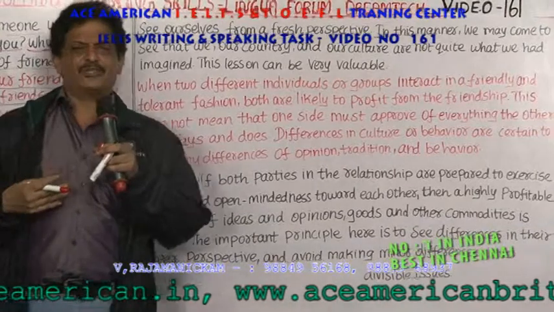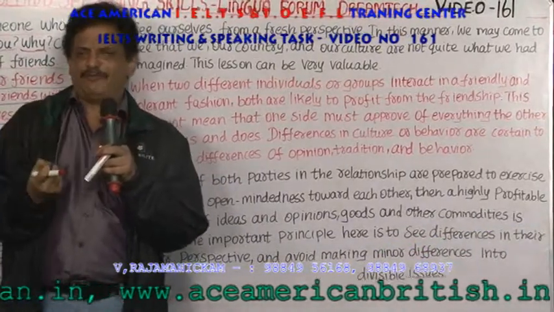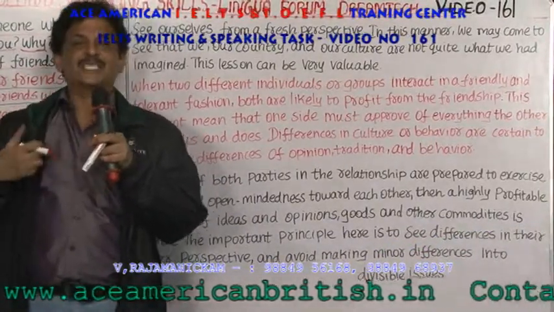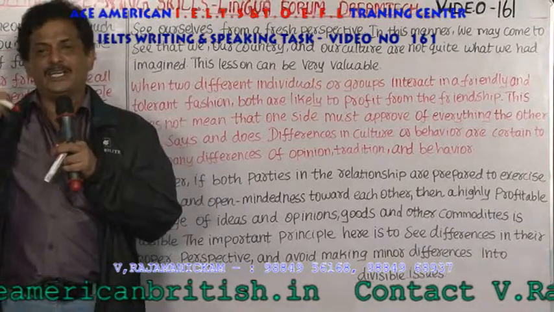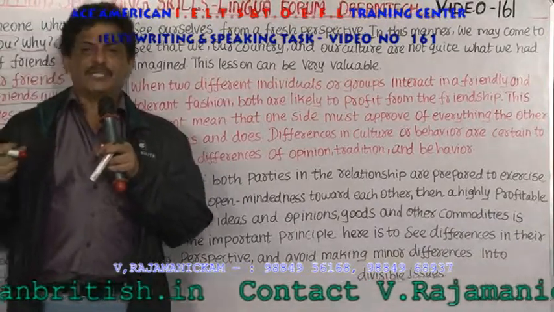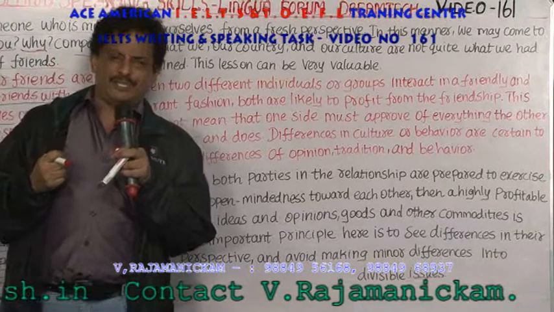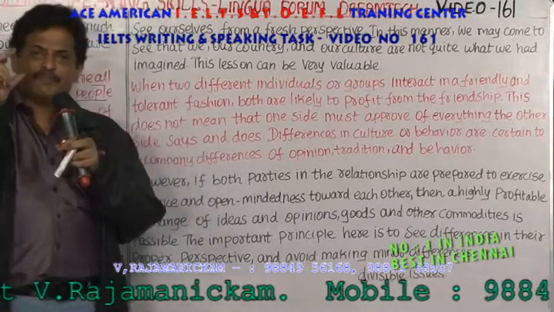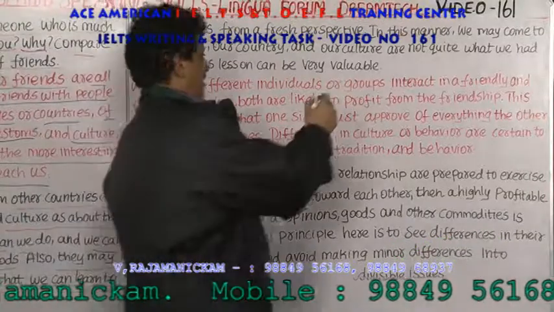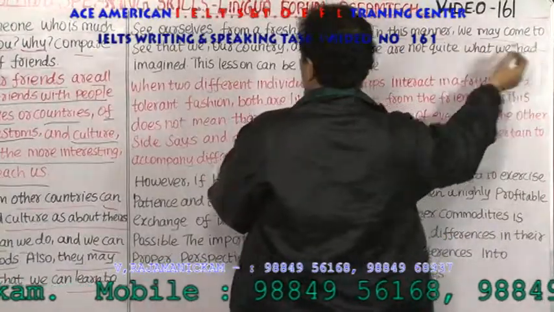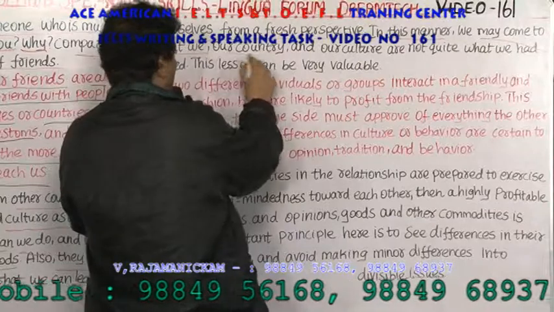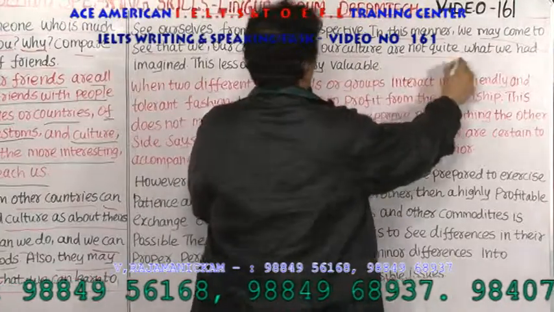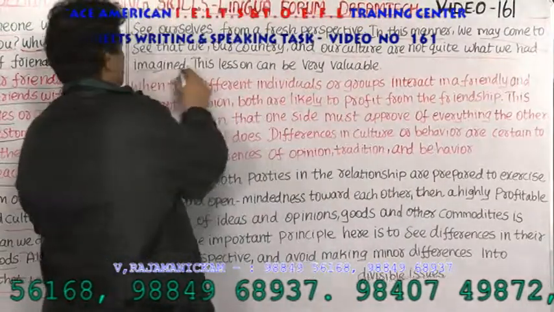So when he asks about our culture, we tell everything in a fresh manner. You discover yourself when you are meeting a friend of a different custom and culture. You understand yourself, you understand your country, everything you see in a fresh way. So in this manner, we may come to see that our country and our culture are not quite what we had imagined.